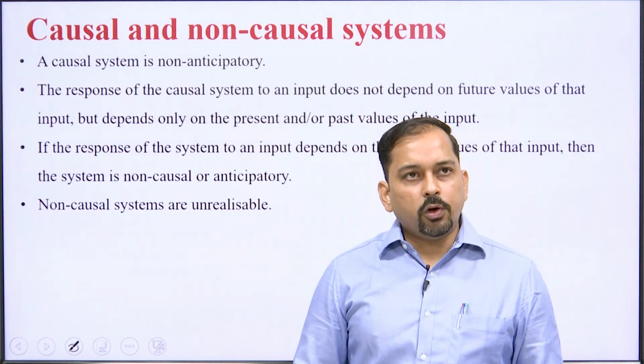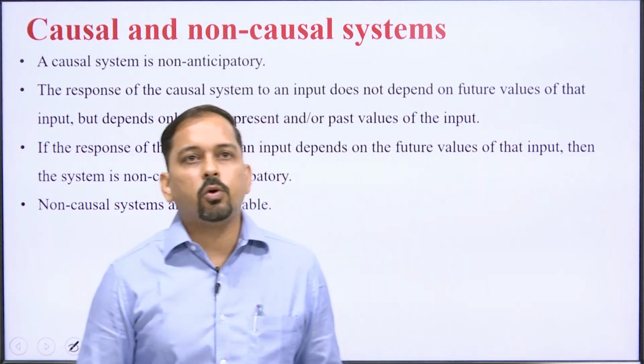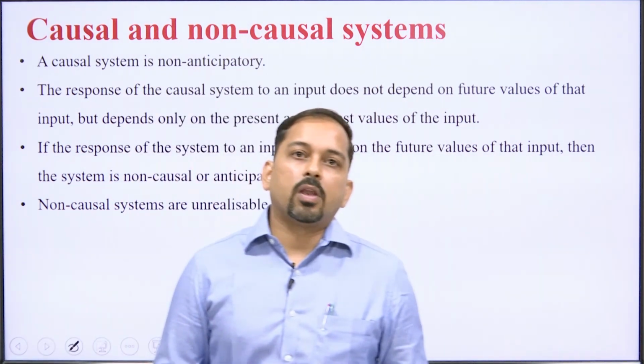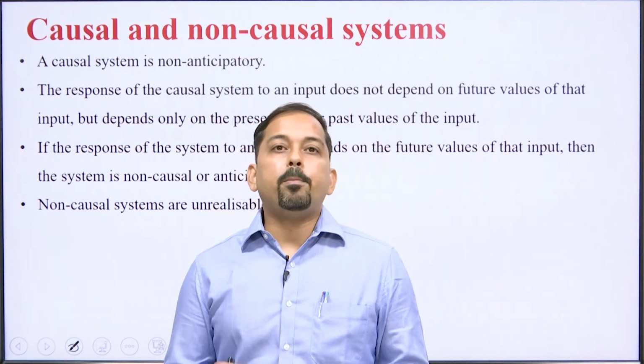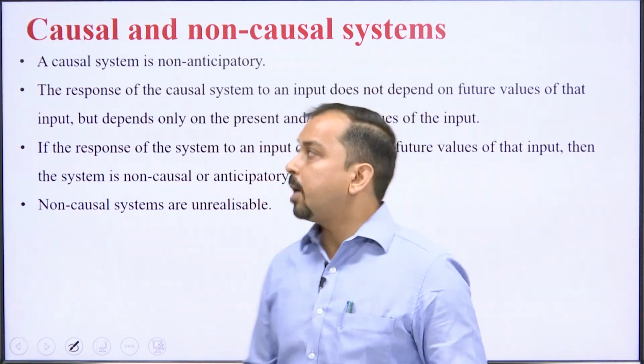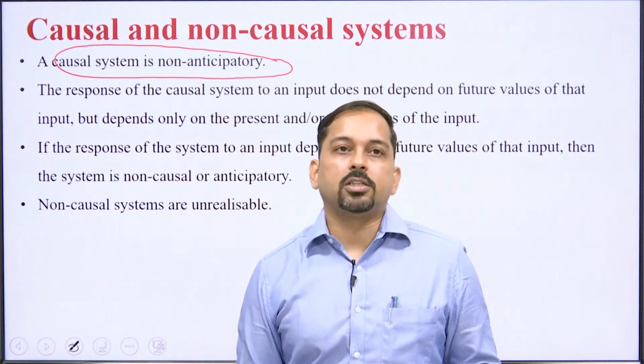Next we have the causal and non-causal. As we have seen, the causal systems are those whose present output depends upon the present or past values of the input. Those types of systems are called causal or non-anticipatory systems.